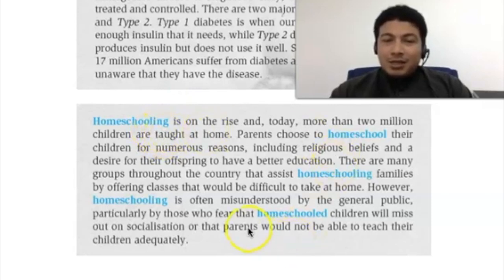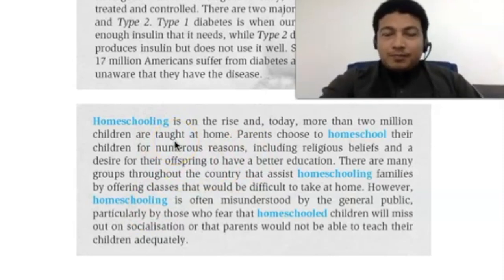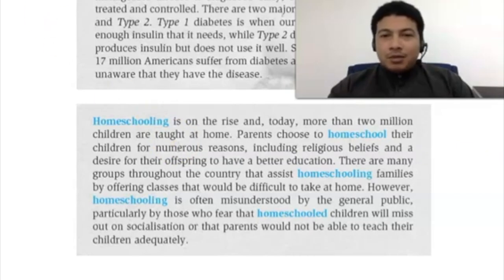So some paragraphs and articles, when they have no headings, subheadings or bold words, have repetitive words. This suggests that this is the topic. So in this case, the topic is homeschooling, and the paragraph is talking about homeschooling. That is how we identify the topic of a paragraph or an article.